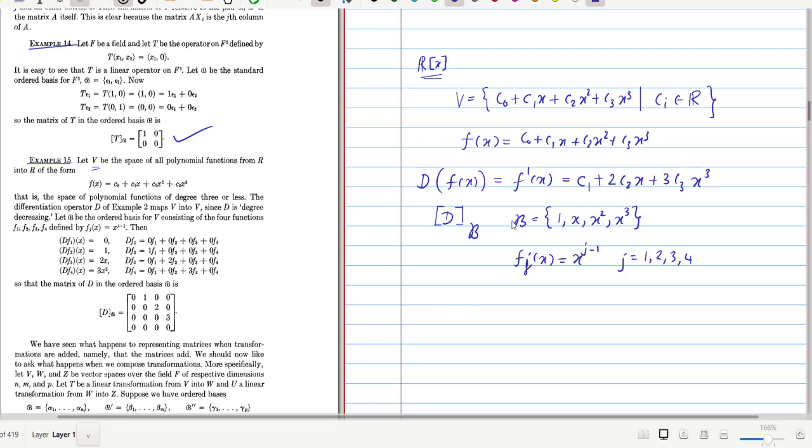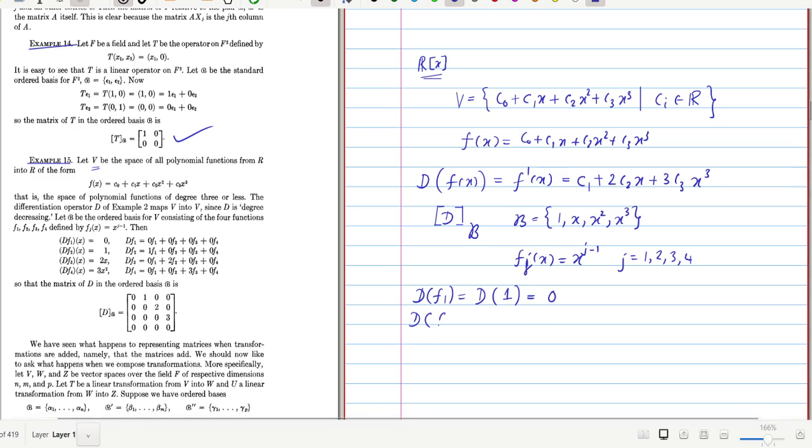Then how will you find the matrix of D relative to the basis B? For that we consider the images of f1, f2, f3, f4. What is D of f1? D of f1 is the derivative of f1(x), which is equal to 0. The 0 can be written as 0 times 1 plus 0 times x plus 0 times x square plus 0 times x cube.